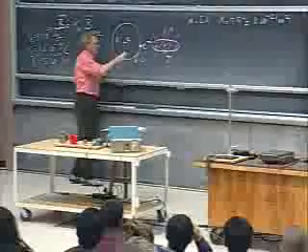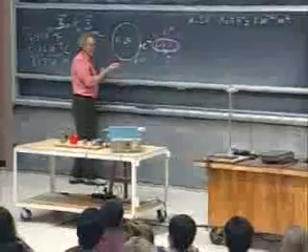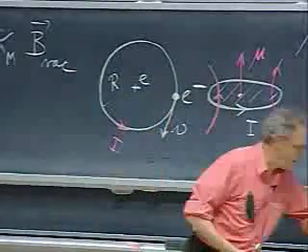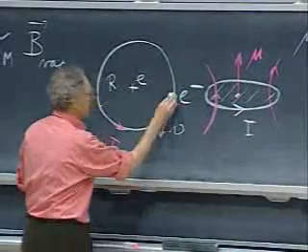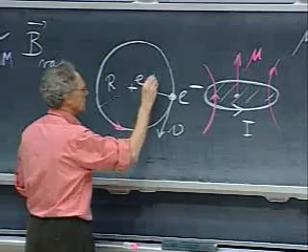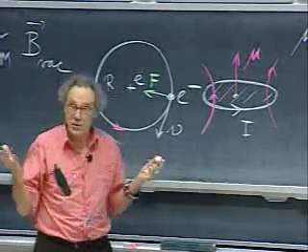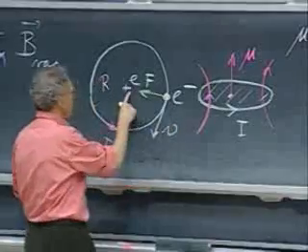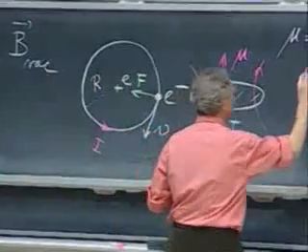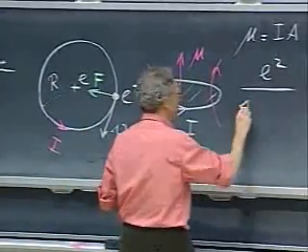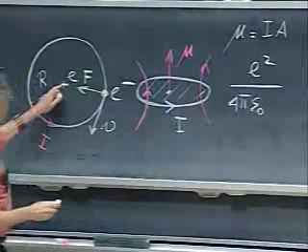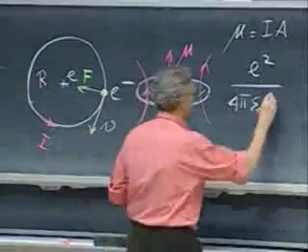If this electron goes around, the reason why it goes around is that the proton and the electron attract each other. And so there is a force in this direction. And we know that force, that's the Coulomb force, it's an electric force. That force is this charge times this charge, so that's e squared, divided by our famous 4 pi epsilon 0, and then we have to divide it by the radius squared.